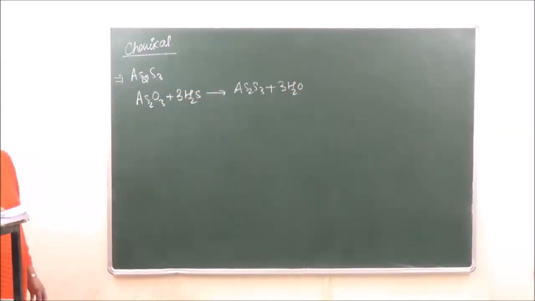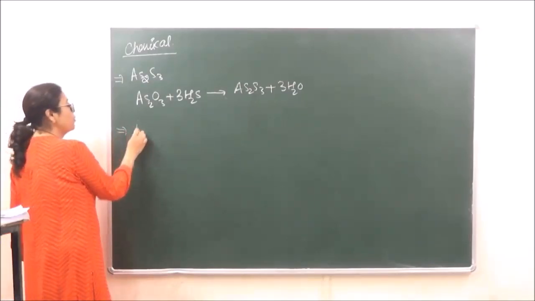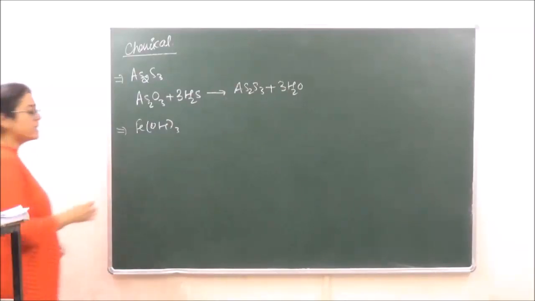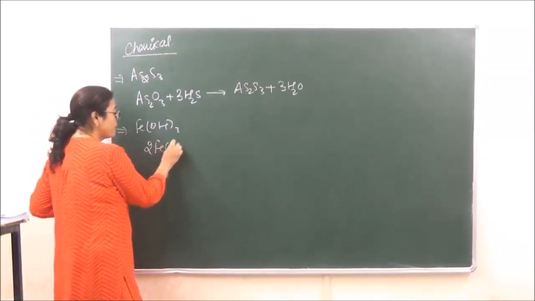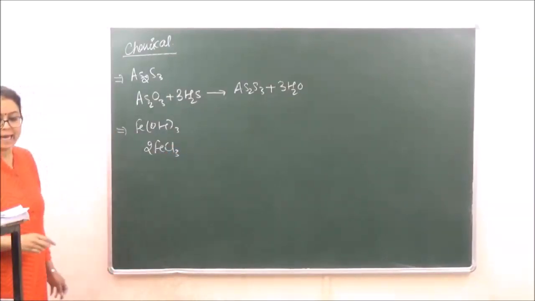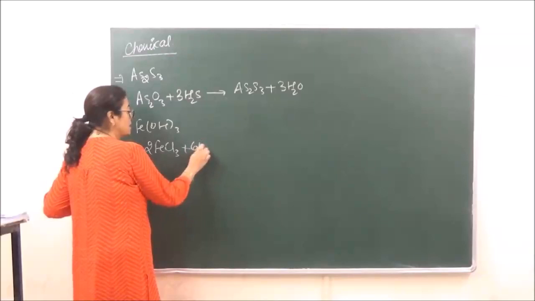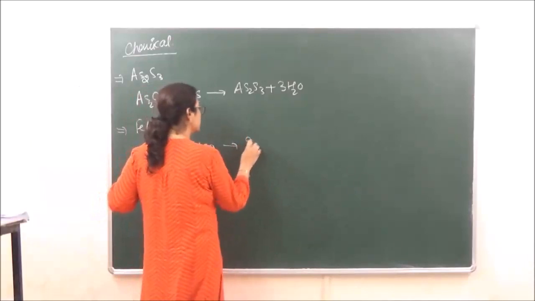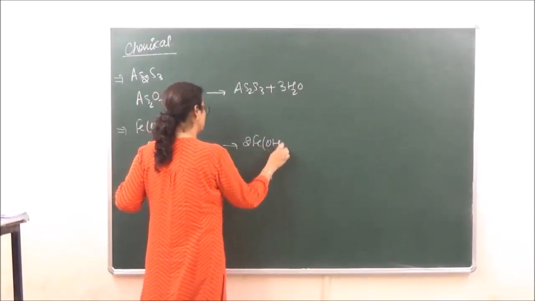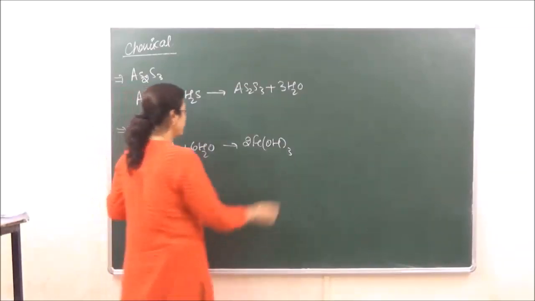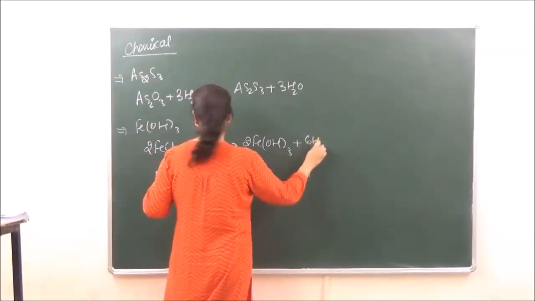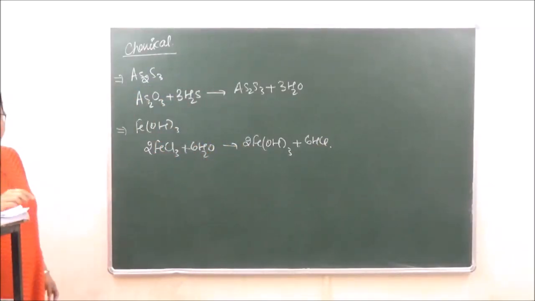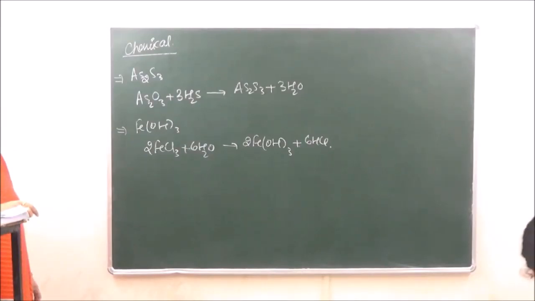Then after that, if we want to prepare a colloid of ferric hydroxide, in this case we take freshly prepared ferric chloride and we react it with water in order to get a colloid of ferric hydroxide, okay? And we are getting HCl. Right? So over here, all these are prepared by chemical methods. Right?